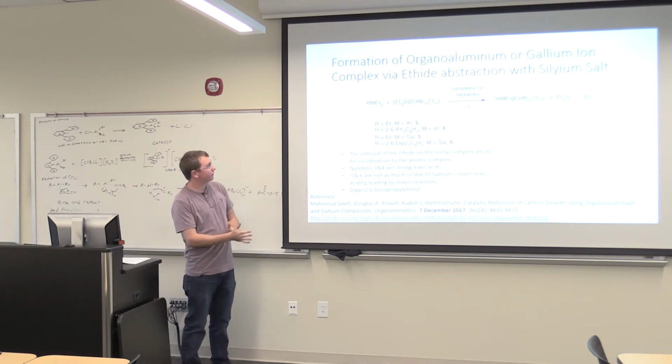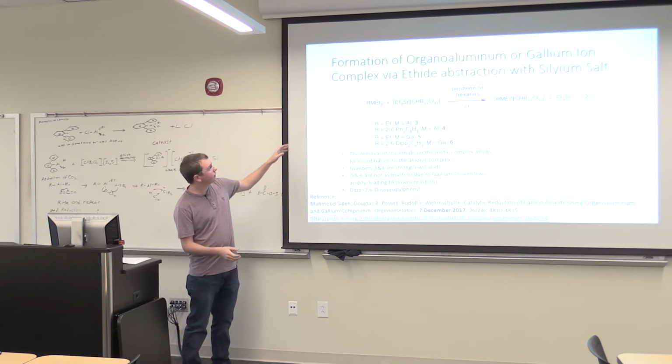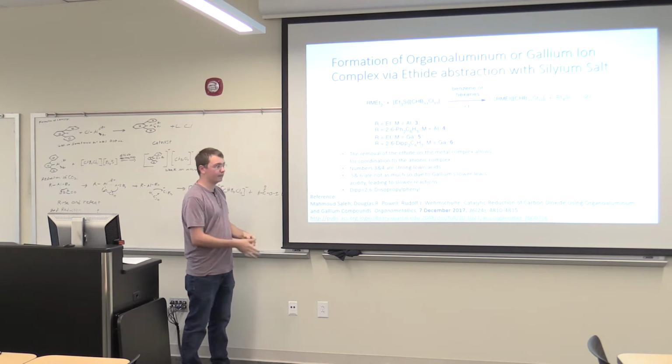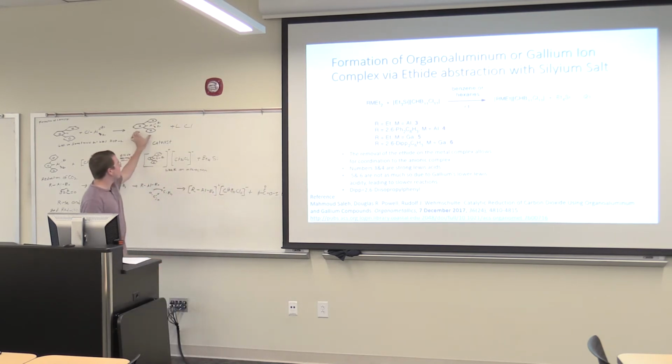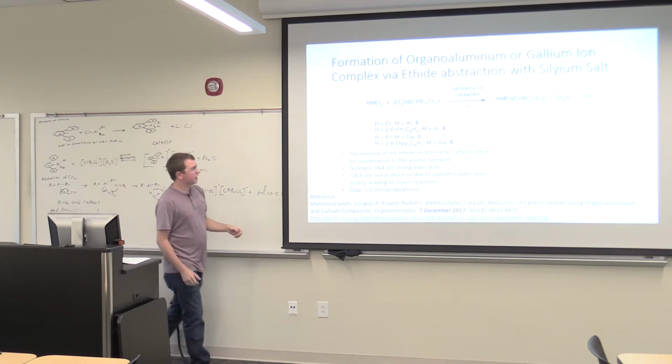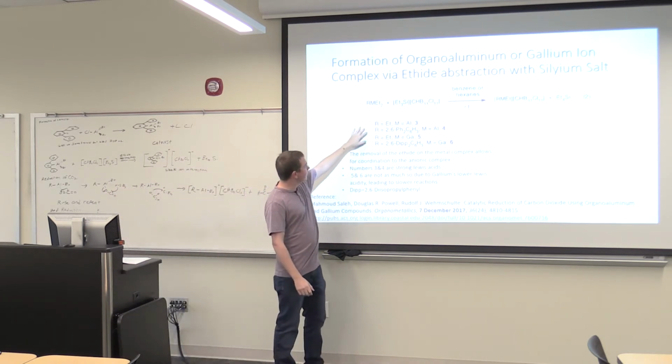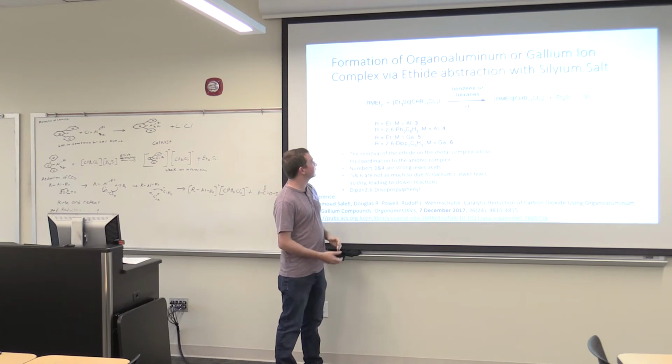So what this was saying is, in order to form the actual catalyst, you take this aluminum complex we just formed, and then it has to undergo an ethide abstraction, so that you open up a site for the reactant to come in and bind or coordinate and then fall back off. They used a couple different R groups here to make this happen.